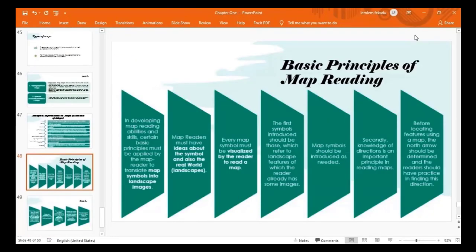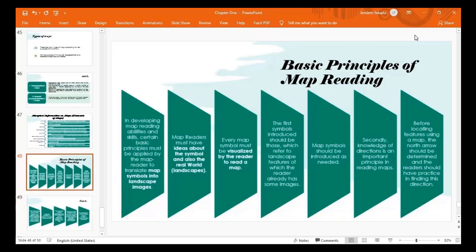Now we'll see the principles of map reading. What are the principles of map reading? So in developing map reading abilities and skills, the basic principles must be applied by the map readers to translate map symbols into landscape images.